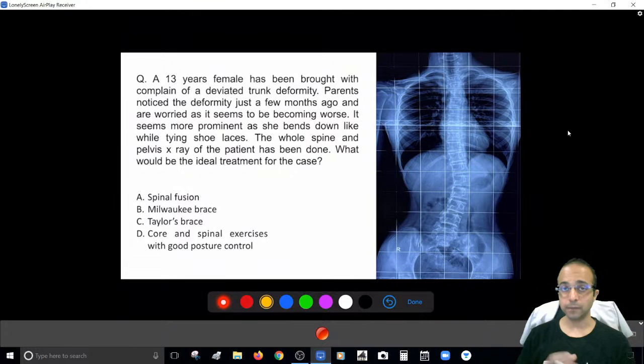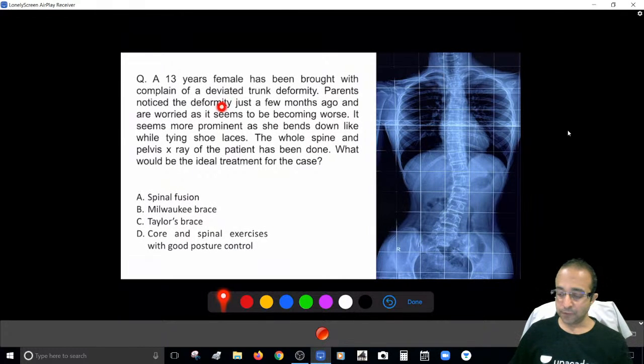I think we can quickly start with a very nice clinical question, because the clinical pattern is the next pattern you all have to prepare for. I'll read it first. A 13-year-old female comes to you with a deviated trunk deformity. I hope you can see this deviation of the spine here.